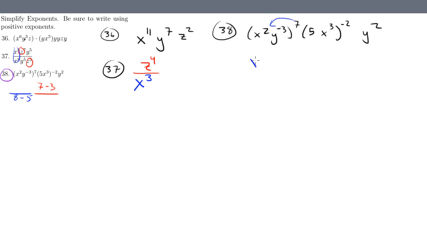That's going to give us x to the 14th, y to the negative 21. Then the negative 2. That's going to give us 5 to the negative 2, so 1/25th. X to the negative 6. And then that y is still hanging out.